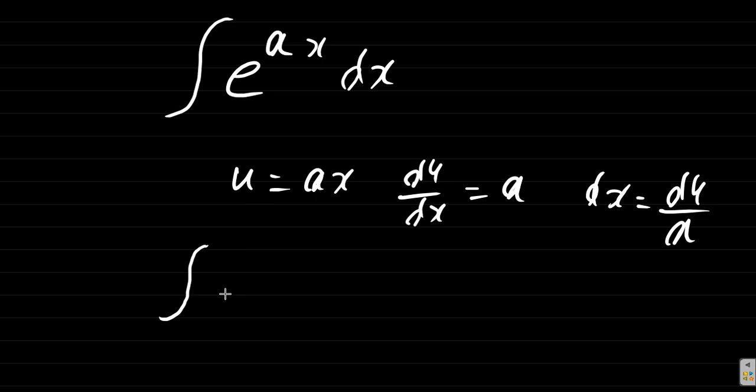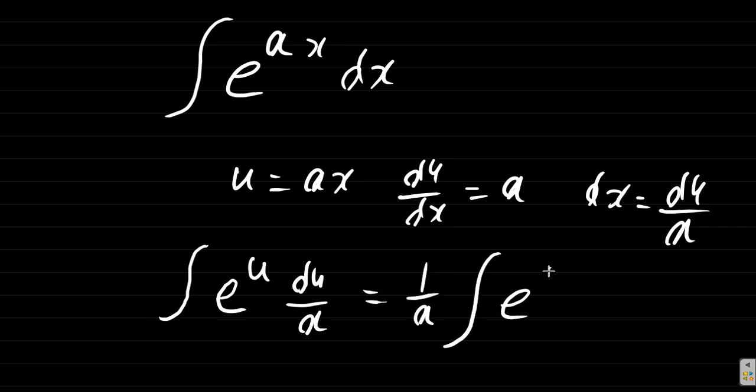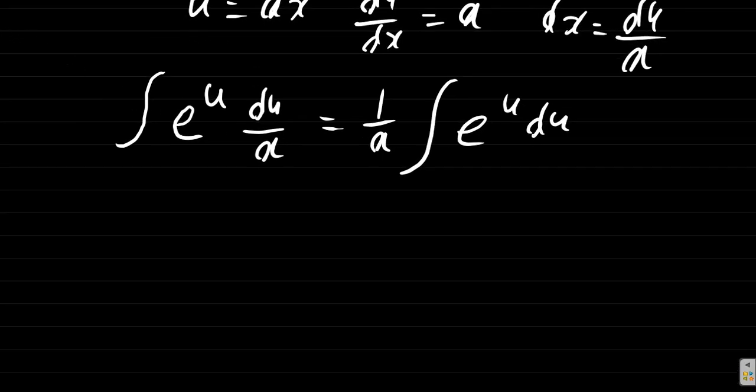So you have the integral of e to the u dx, but dx is du over a. This would be 1 over a integral of e to the u du. When you integrate e to the u du, you get e to the u, just like when you integrate e to the x dx, you get e to the x. So it's 1 divided by a, e to the u plus c.